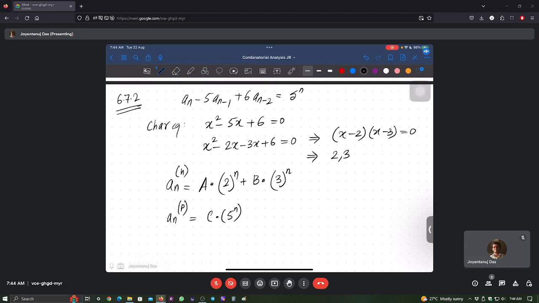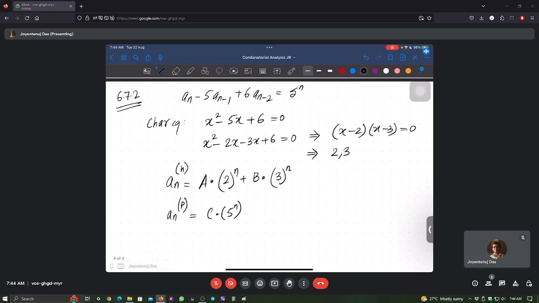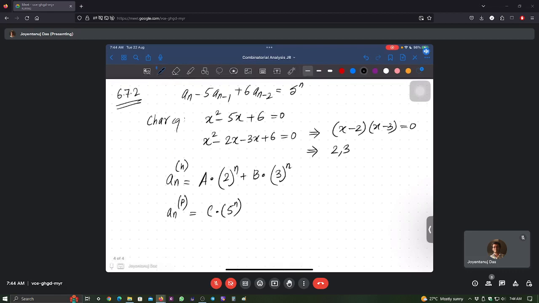So first, our aim is to find the c. Now we can put this particular solution into the given recurrence relation. So here you have a n minus 5 a n minus 1 plus 6 a n minus 2 equals 5 power n.